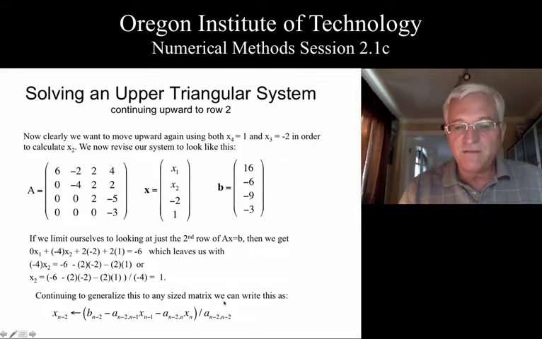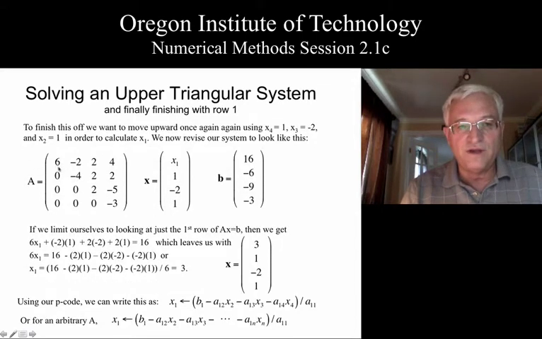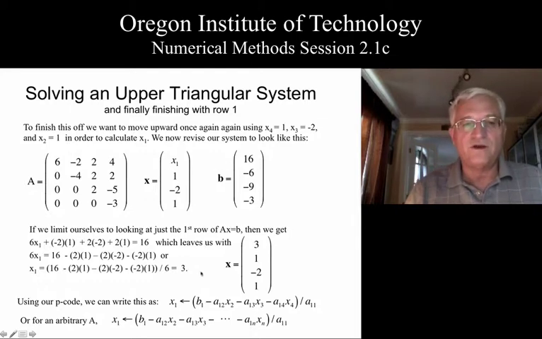So if we just keep that going, we end up with 6 times x1 plus an inner product of coefficients times known solution values that just produces a number that we set now equal to 16, and we end up having one equation and one unknown.